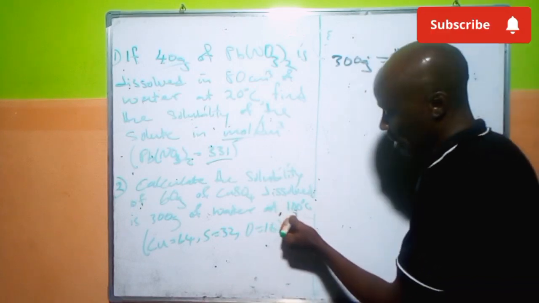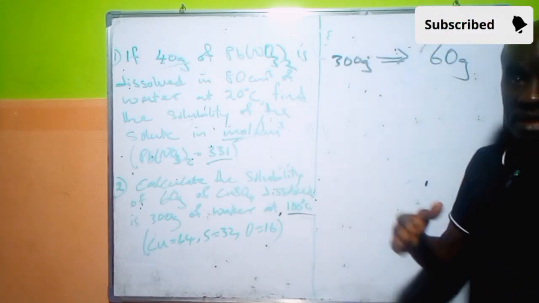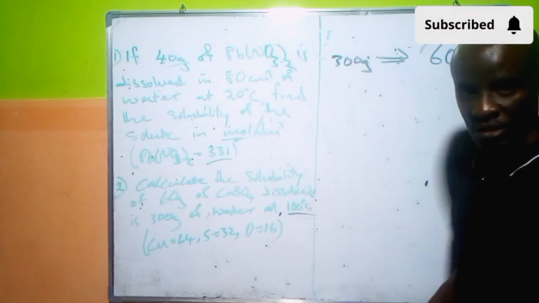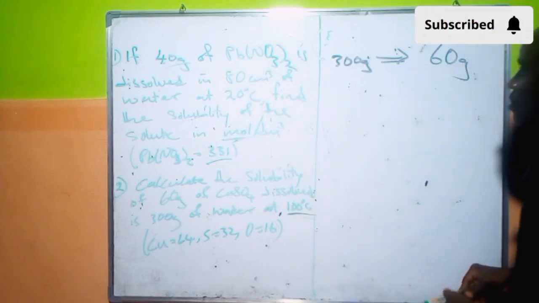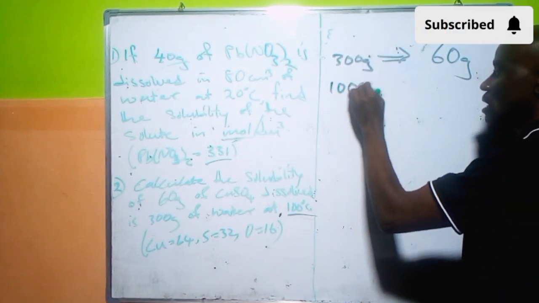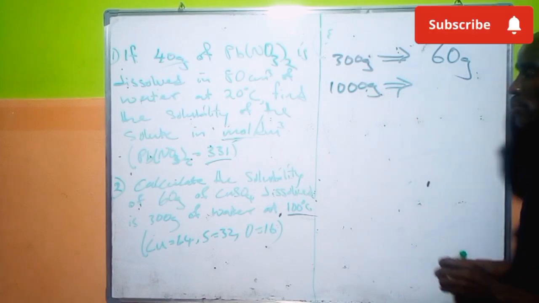60 grams of what? Copper sulfate. Remember our temperature. But then remember, it is just telling us when this thing is happening, because we know that change in temperature affects solubility. It either increases it or decreases it, depending on the case. So here now, what will 1,000 grams of water do? So what do we do here?